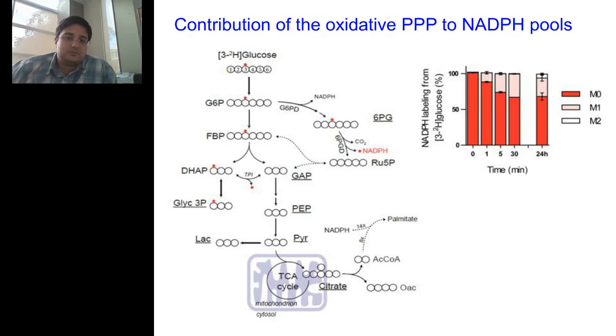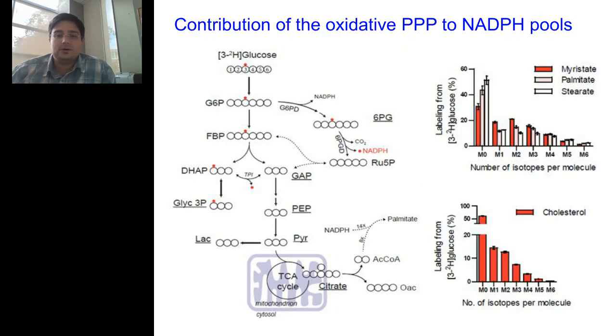And this very rapidly labels up the NADPH pool in cells to the point where we get steady state labeling after about 30 minutes, highlighting the fast turnover rate of these metabolic pools. And the NADPH is used for both buffering against redox stress, but also biosynthesis.